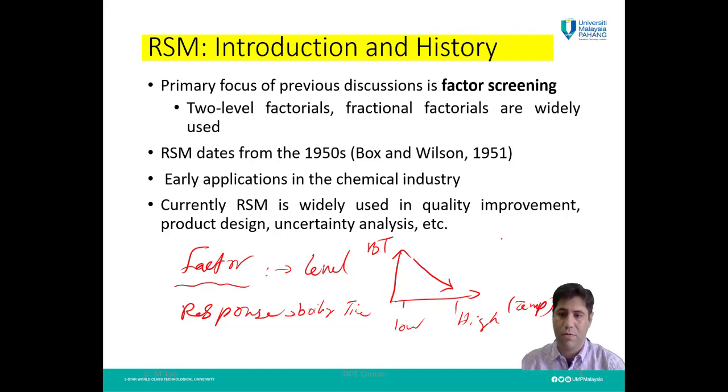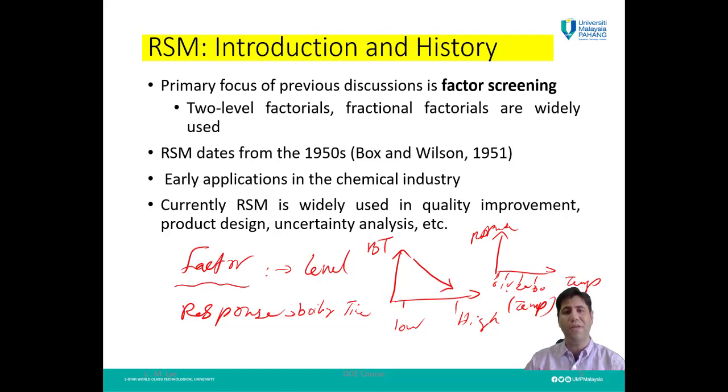But if we are interested to check, for example, 0 degrees Celsius, 10 degrees, 20, 30, and so on for temperature, you can see we will have actually infinite levels of the factor, whose effect on the response we can consider.